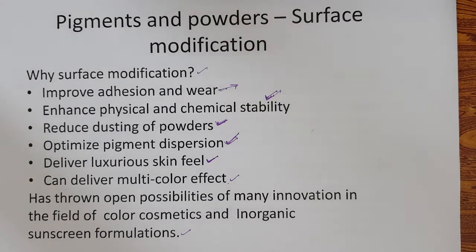People should be aware that a lot of pigments and powders are available with surface modification, and effectively using these surface modified powders we can deliver more stable and effective products.